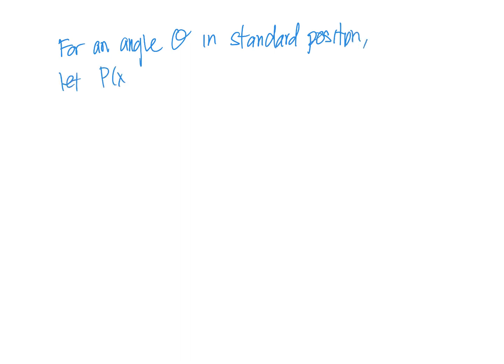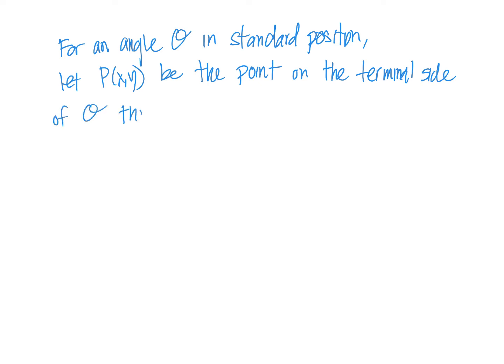And finally, for an angle theta in standard position, let P of x, y be the point on the terminal side of theta that is also on the circle x squared plus y squared equals r squared.